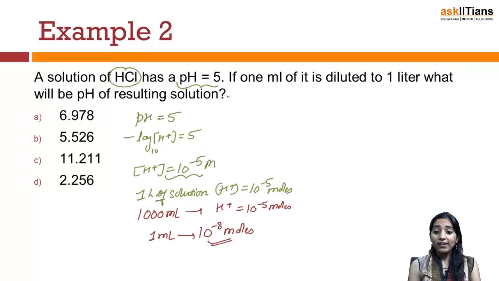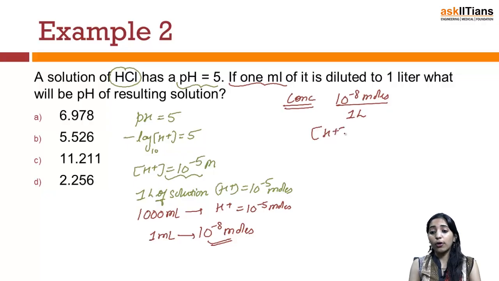Now he says that if 1 ml of such a solution is diluted to 1 liter, what is the concentration? I have 10 to the power minus 8 moles in 1 liter of solution. So the concentration of H positive is 10 to the power minus 8 molar, and he has asked me to find the pH of the resulting solution.